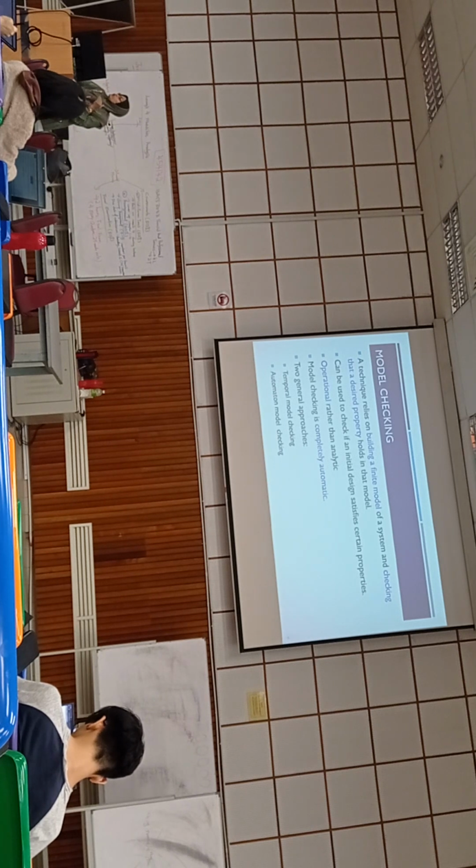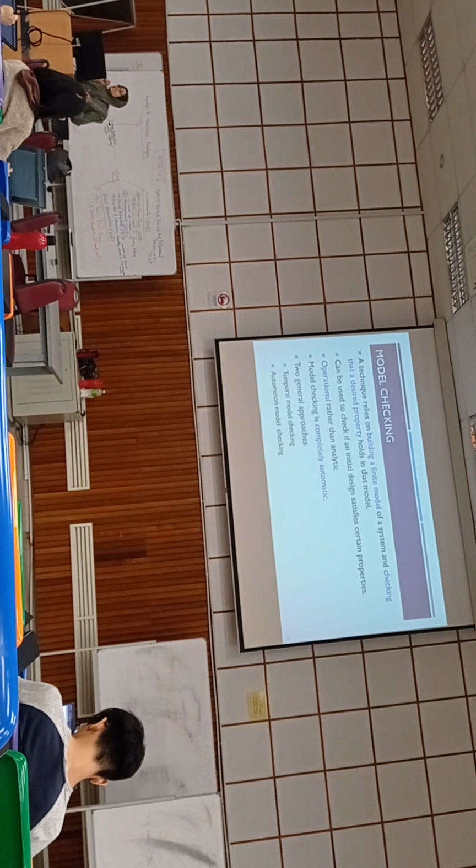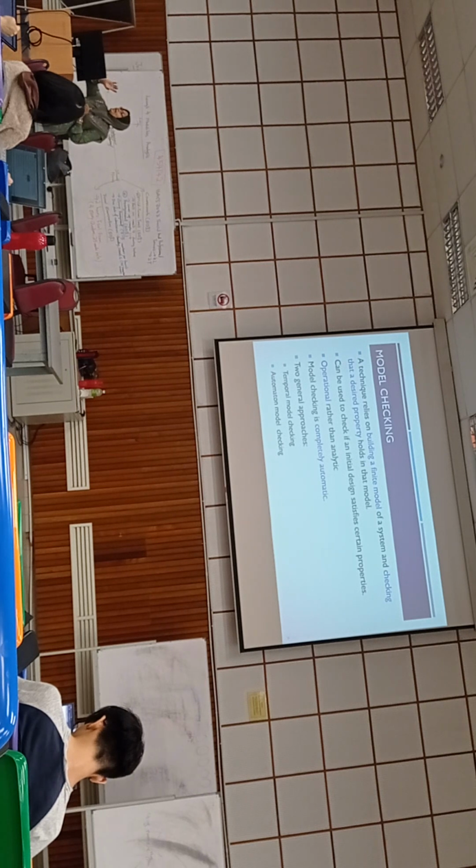So when you do fully automated, you run the system. Of course, there will be some rules that you have to follow and so on. So you use the software, it will simulate for you. Okay, it will simulate for you. When it simulates for you, it will produce the result.